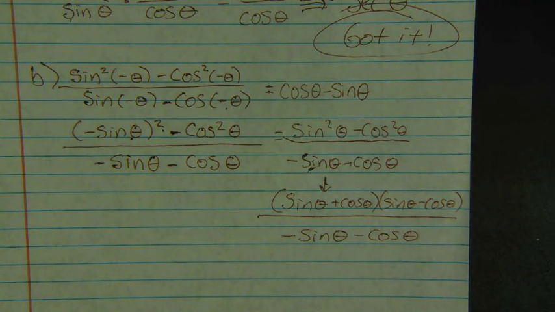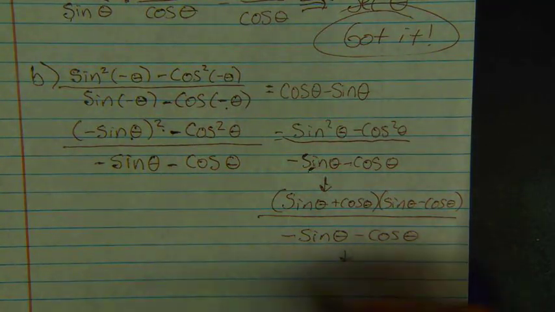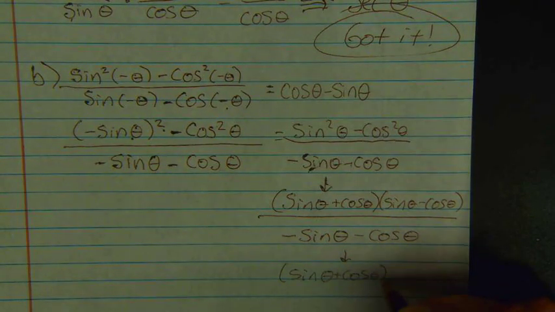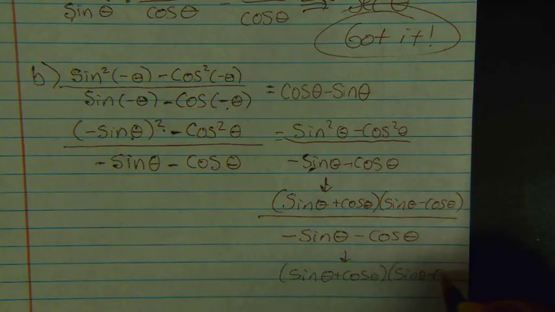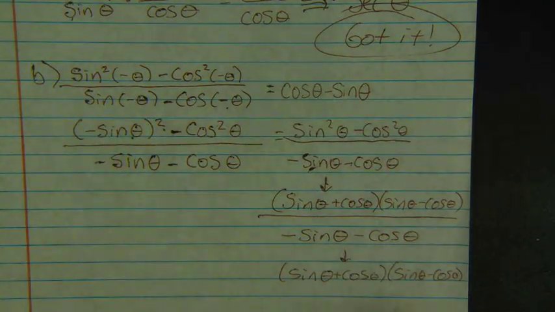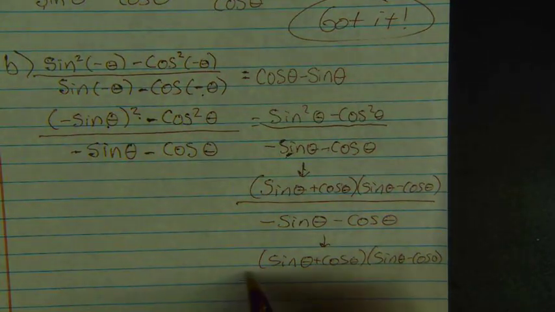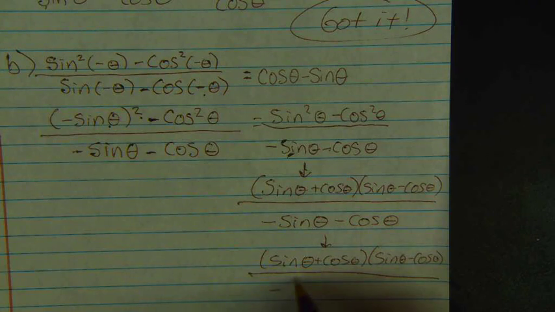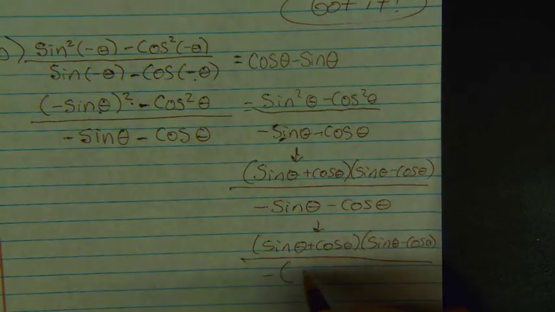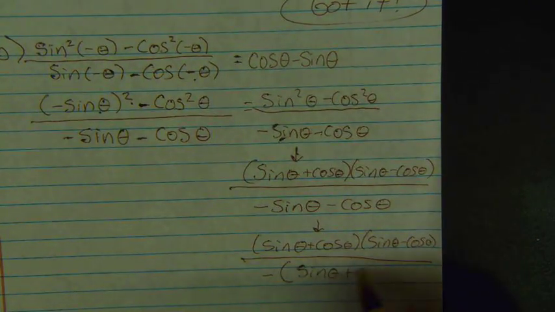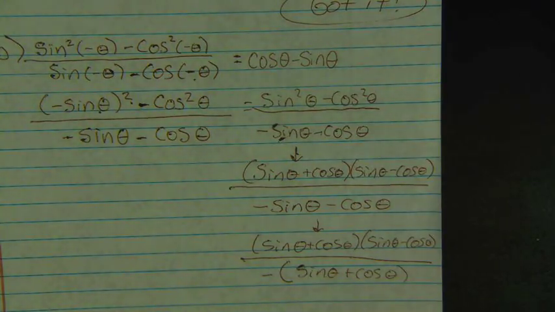Take out a negative 1 on the bottom, so then it is sine theta plus cosine theta, and you can cancel that on top. Yes. Because you can't cancel sine minus cosine with negative sine minus cosine, or the plus. But if you pull out a negative 1 on the bottom, then it becomes sine theta plus cosine theta, and now we can cancel this first one on the top.